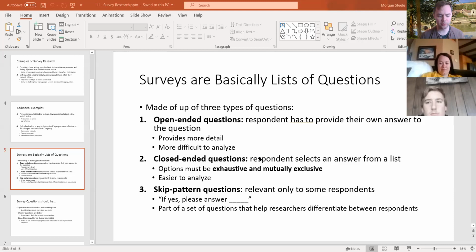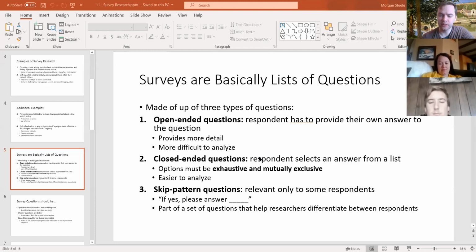So going back to what we talked about with measurement, the closed-ended questions have to provide answers that are exhaustive. Everyone can answer the question, and mutually exclusive. Everyone has to pick one response, okay? Now, building on that is the idea of a skip pattern question.